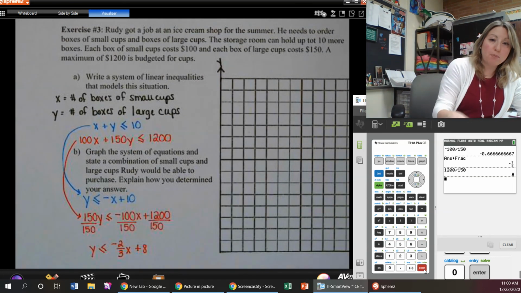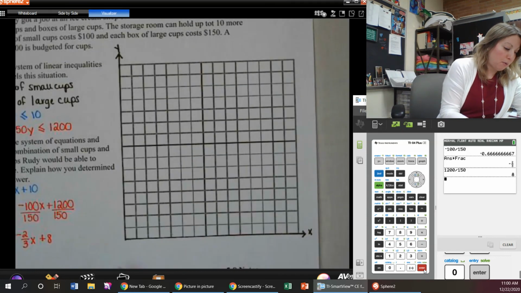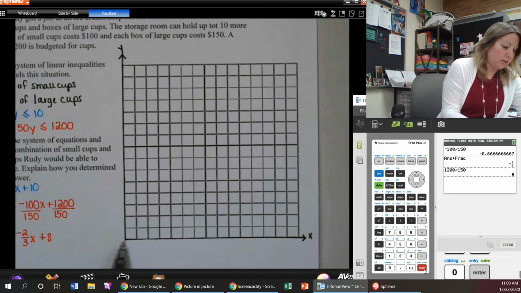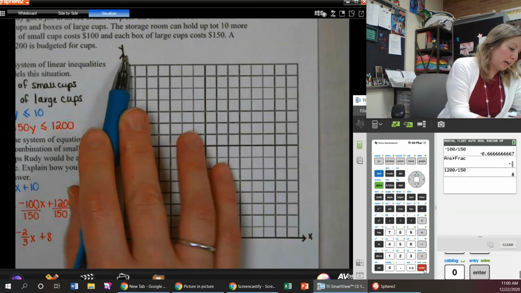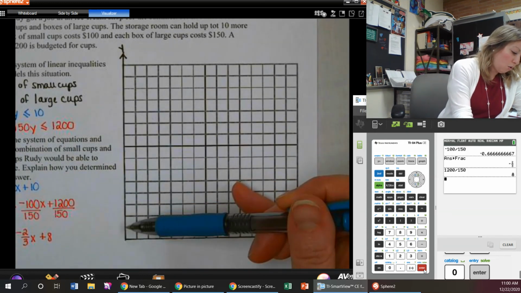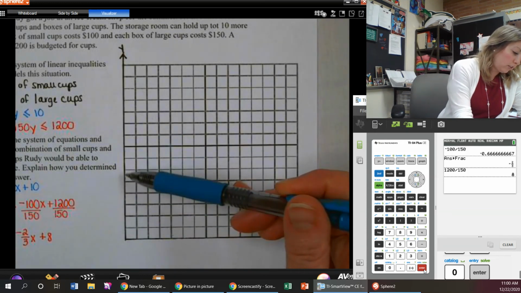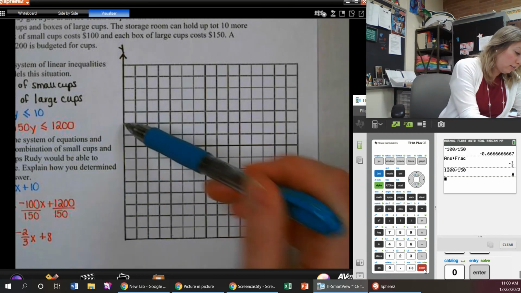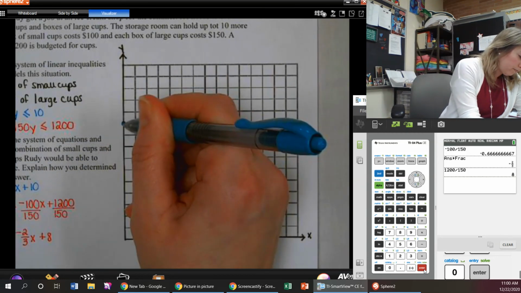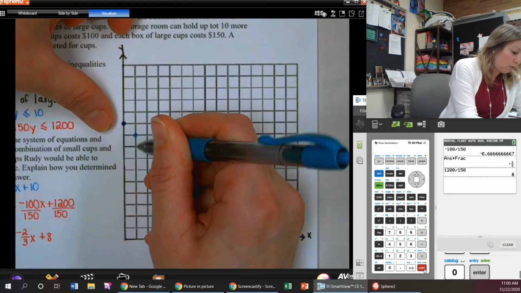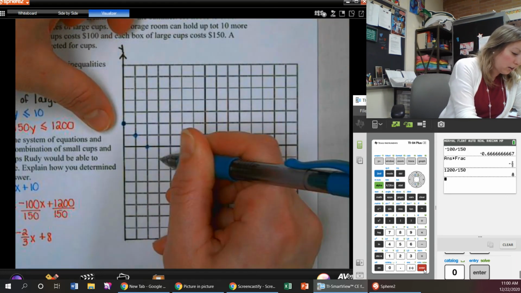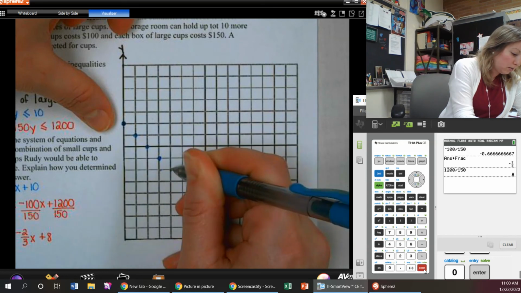So let me start by graphing the blue. And again, remember, this is your 0, 0, right? Your x is your number of boxes of small cups. Your y is your number of boxes of large cups. So we've got 1, 2, 3, 4, 5, 6, 7, 8, 9, 10 right here. And our slope is negative 1 over 1. So down 1 and right 1 gives me a negative slope here.